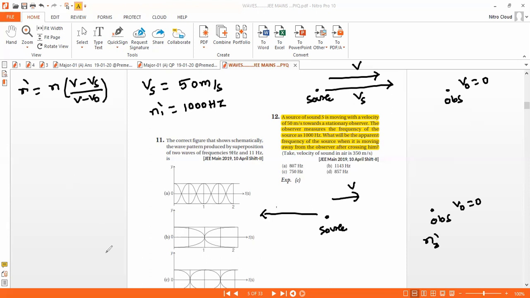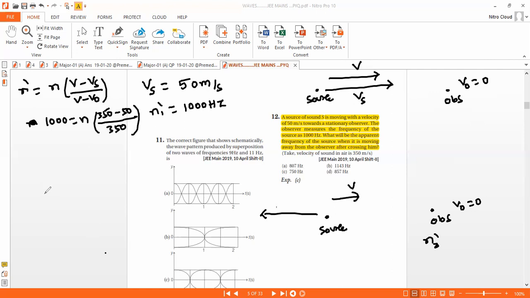So n dash they gave 1000 equal to n times speed of sound 350 minus 50 by 350, because v naught is 0.